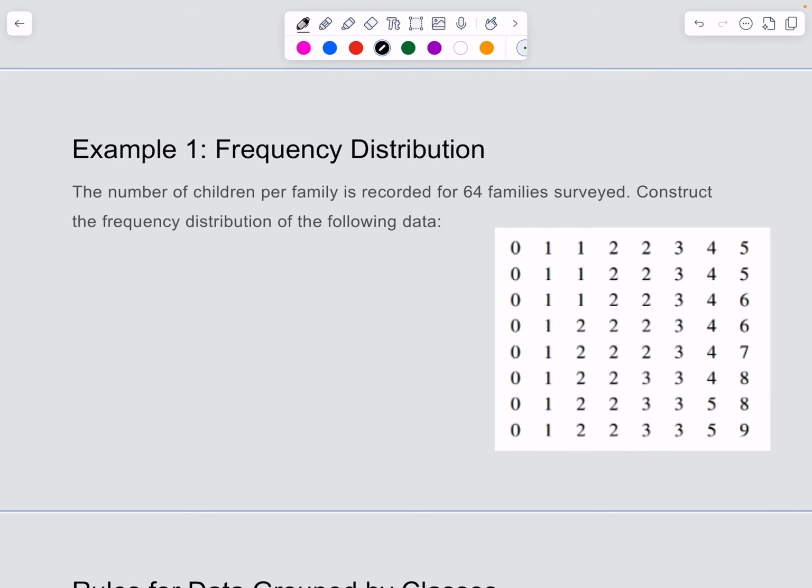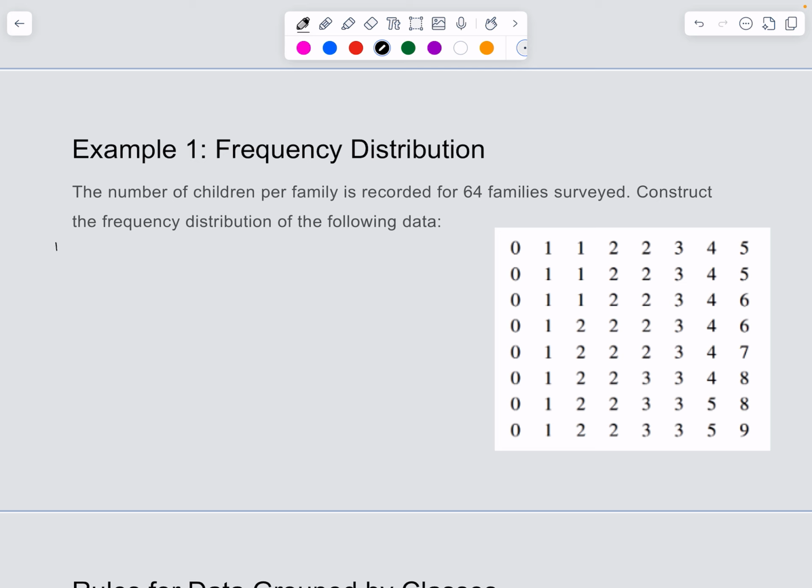So here's an example of one. This is the number of children per family recorded for 64 families. Let's construct a frequency distribution of the data. So we can see we have 0 children, 1, 2, 3, 4, 5, 6, 7, 8, and one family has 9. So what we do is we list out all the values that we see.